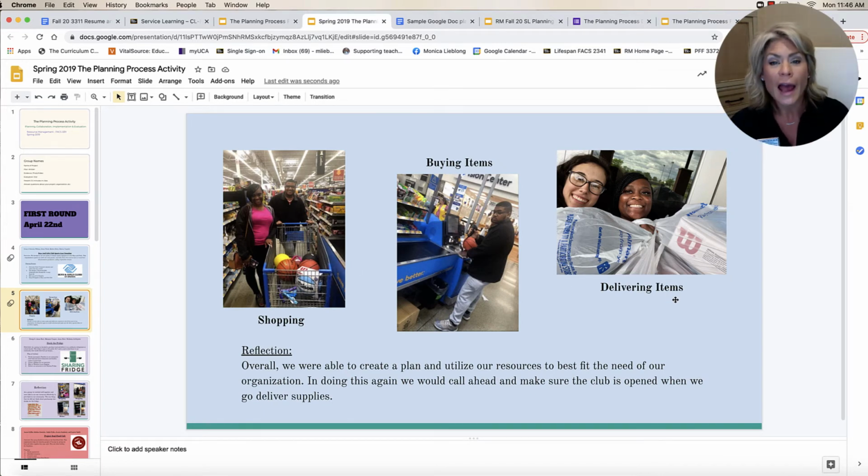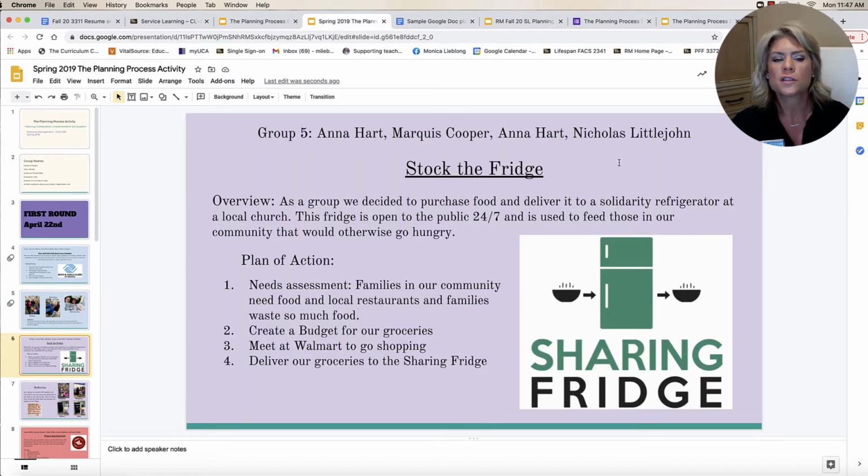Where you may not have actual photographs in carrying this project out, it could be that you had photographs of the basketballs and the sports equipment and the pricing, you in the store, or a shot of you all meeting and collaborating. Next group stocked a fridge. They decided to purchase food and deliver it to a refrigerator here in town at a local church.